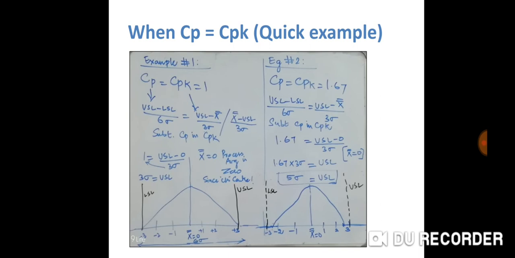Substitute Cp in Cpk. Here the value of Cp is 1 and USL minus 0. The reason I have given 0 for X double bar is that the process average is 0 when the values of Cp and Cpk become equal. So 0 by 3 sigma; if you cross multiply, 3 sigma.